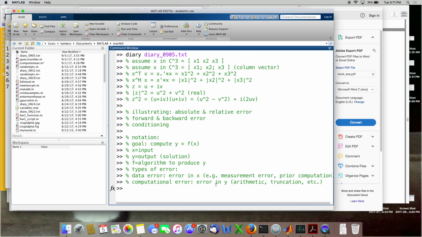Okay, so what we really care about is the error in y, because that's how accurate is whatever it is we're trying to compute, and I refer to that as forward error.